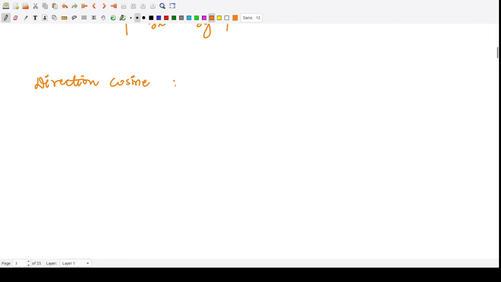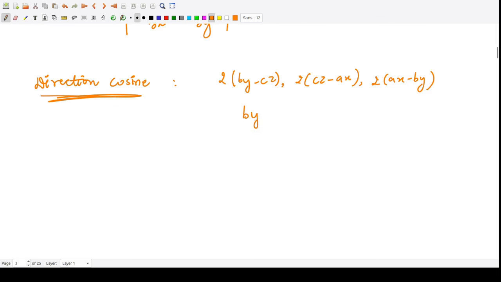They are given by, firstly, 2 by minus cz, 2 cz minus ax, 2 ax minus by. So if we are asked what is the ratio of these direction cosines, that is simply by minus cz, cz minus ax and ax minus by, because 2 here is a common factor. So this is what we were required to calculate here in this particular question.